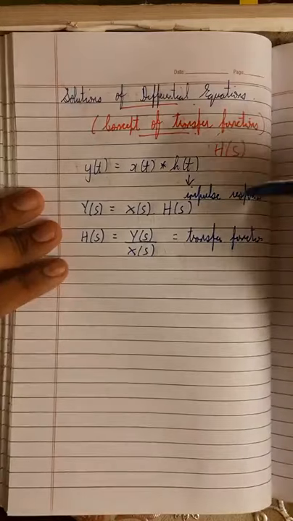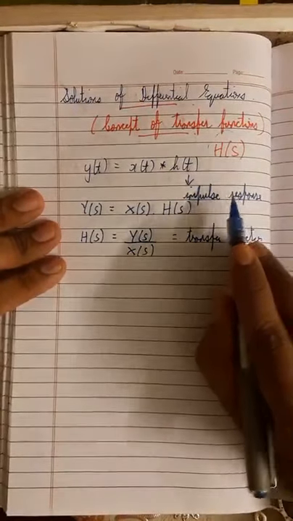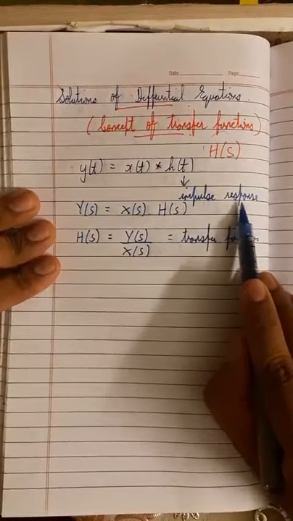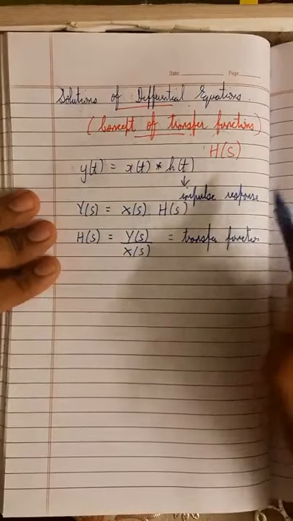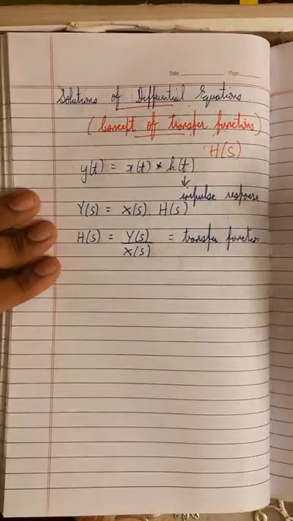So what is the meaning of impulse response? Look at the words: impulse response. I have already said last class that response means y of t.